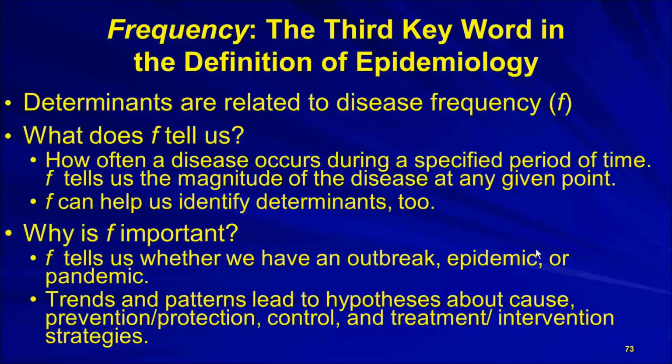Frequency also tells us whether we have an outbreak, an epidemic, or a pandemic. And we want to look at trends and patterns that lead to hypotheses about cause, prevention, protection, control, treatment, and intervention strategies. So frequency is a very important component, and all three are needed before we can make a difference.